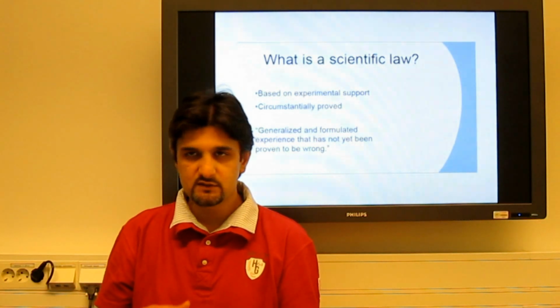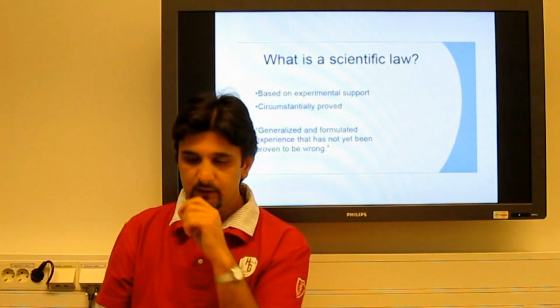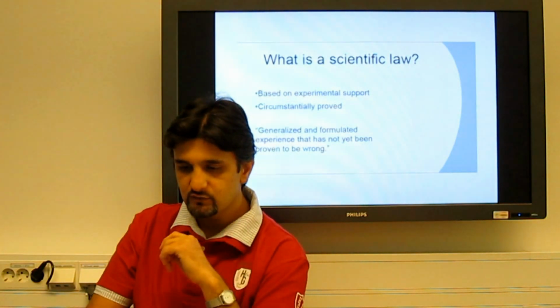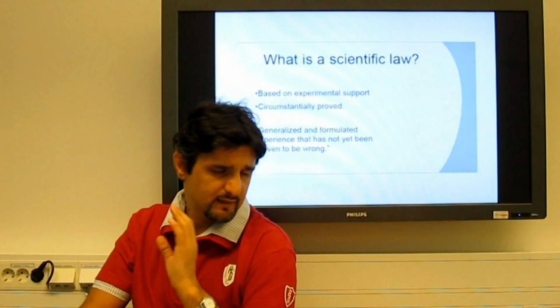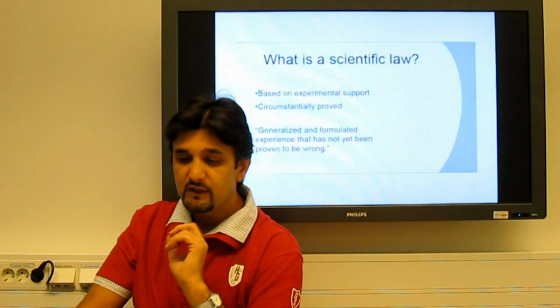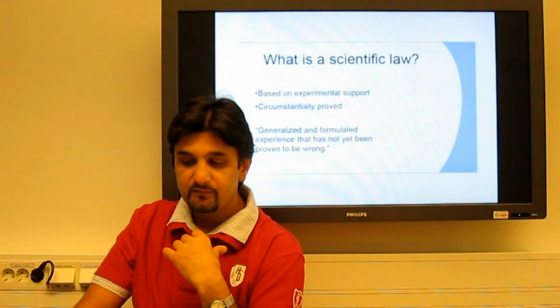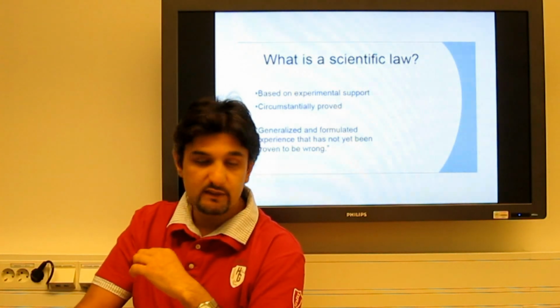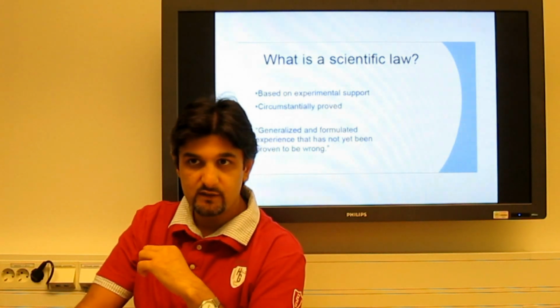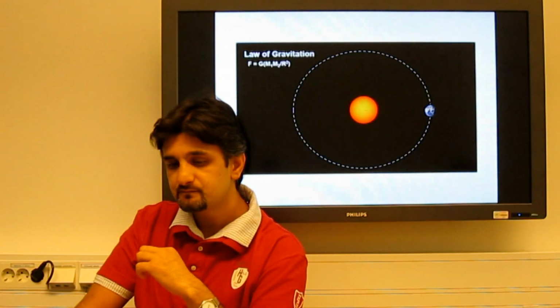So we've got some kind of approval for the thing that we're going to describe, and I also mentioned that we generalize and formalize the experiment, and it's not proved yet to be wrong. So that's the thing that we call science.